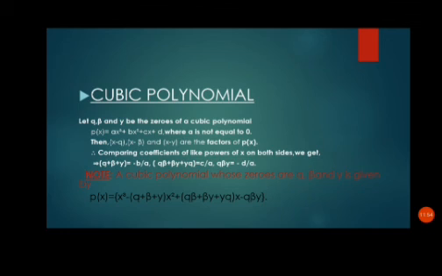When we consider the sum of the products of the zeros taken two at a time, we have alpha into beta plus beta into gamma plus gamma into alpha equals coefficient of x by coefficient of x cube, that is, c by a.